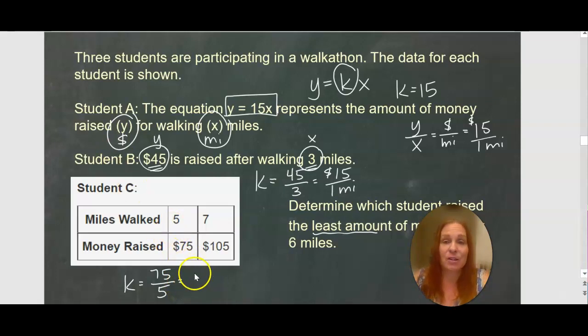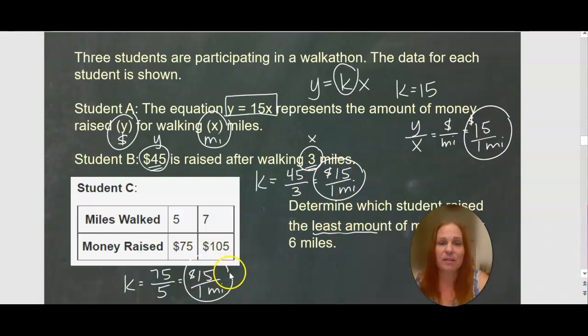Yes, that is. So then that's also $15 per 1 mile, right? Or $15 per mile. So since they all have the same unit rate, they would all raise the same amount of money after 6 miles.